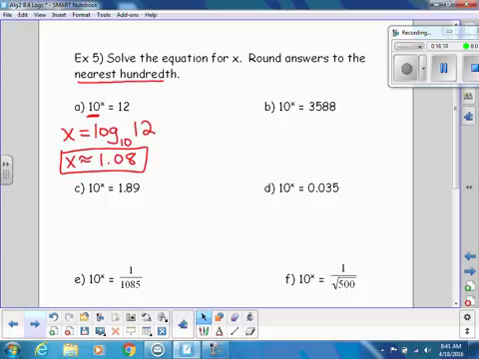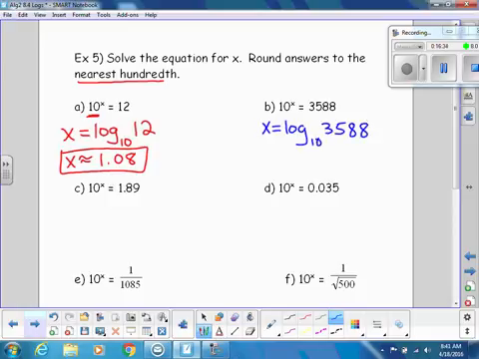So this is the inverse operation part of what we're doing. So this helps us undo something raised to the x power. So again, I'm going to write x is equal to log, my base is 10, of 3,588. So all I do is type log of 3,588 into my calculator, and we get that.